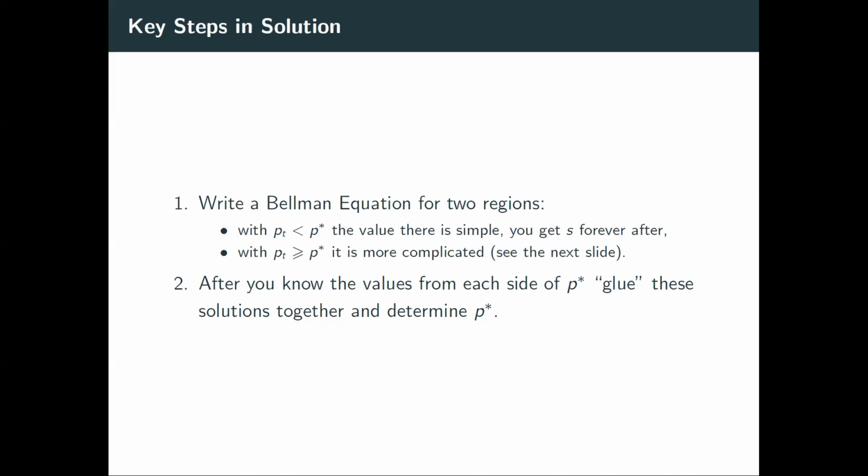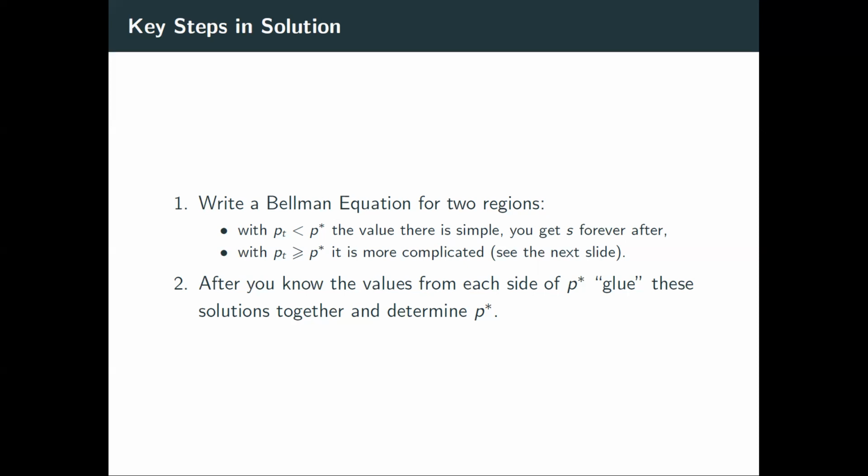Therefore, you can calculate explicitly your value of using the safe arm now, right? And also we will write and calculate the solution to the Bellman equation for the region where your belief is above this P star, that is when you use the risky option, right? And then we will solve these two Bellman equations separately, right?